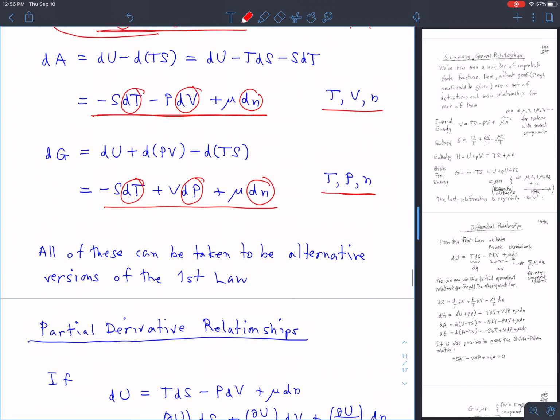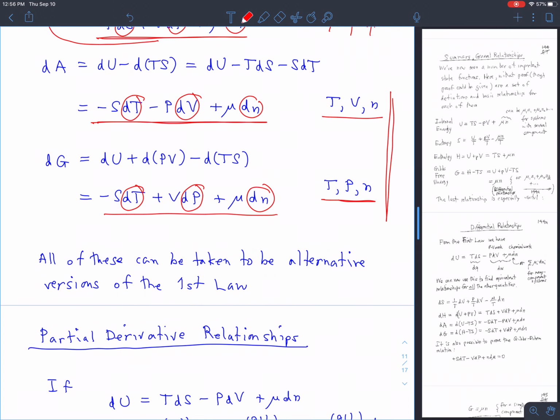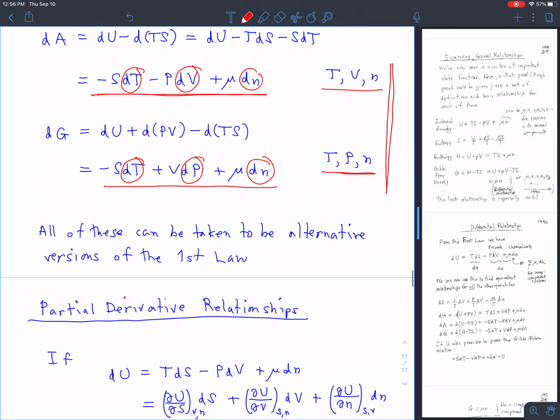Notice that in these last two cases especially, the natural variables correspond to the conditions for which the Gibbs free energy is most useful, right? The Gibbs free energy is most useful when I have a constant temperature, constant pressure process, and where the mole numbers are fixed as well, right?